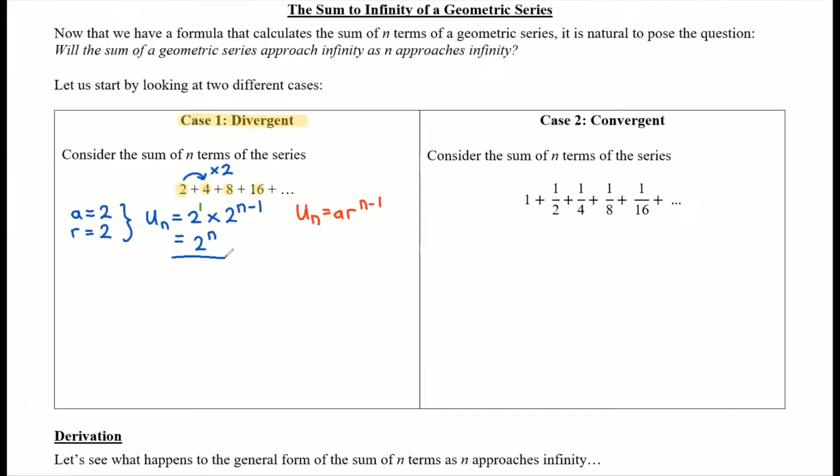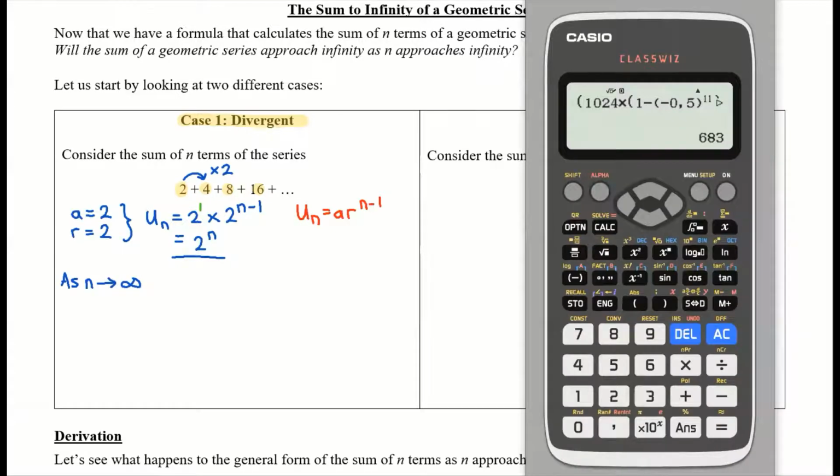Now, this is the nth term rule for the sequence. I'm going to stress that this is for the sequence. What would happen to the sequence as n approaches infinity? Well, it's very simple. We can do this on our calculators. So just put in some big numbers. 2 to the power 100.